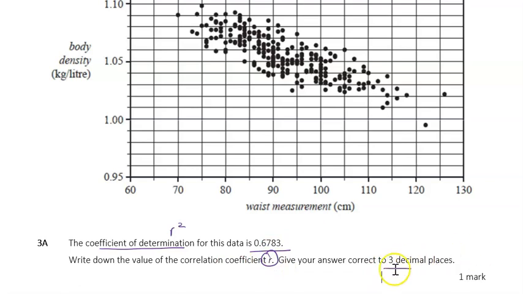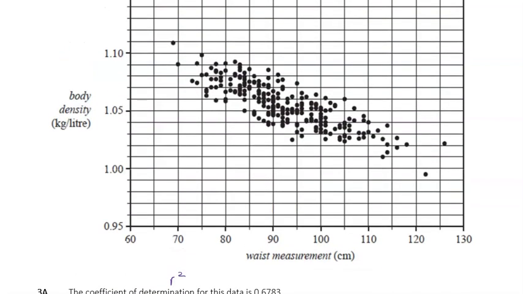So when we are asked to find R and we don't have the raw data, we need to use the R squared value and take the square root. But we also need to check the scatter plot and check the direction. Because remember, your R value tells you both strength and direction. And your calculator doesn't know whether the R value is positive or negative. So here, when we're looking at the scatter plot, we can see, yes, we definitely have a negative association there.